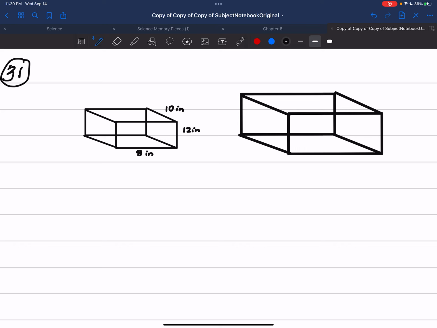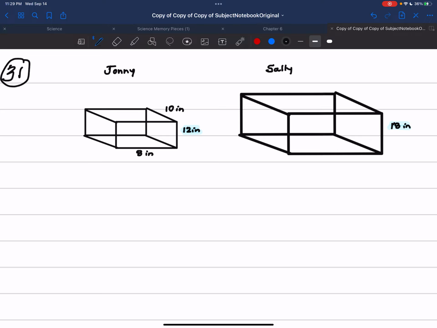Sally's tank is similar to Johnny's, but its height is 18 inches. So Sally's tank is the mama tank, and Johnny's tank is the baby tank. And we can only compare the heights here because we don't know the other units on this one.